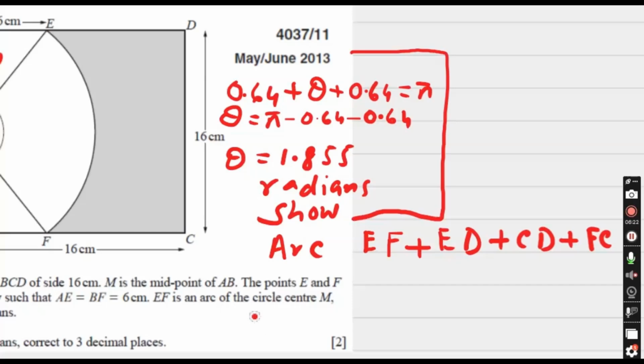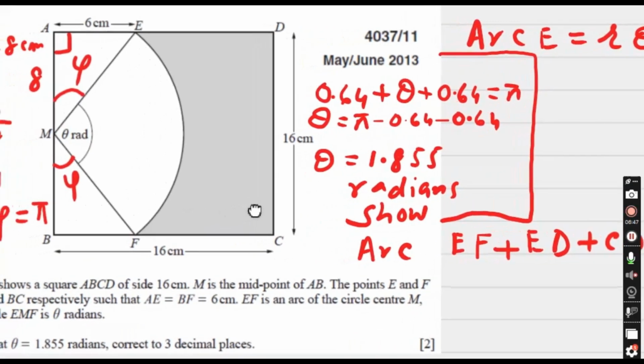So first we find the arc length EF. What is the formula of arc length? s is equal to r theta. Theta we have already found, 1.855, but we don't have the radius.